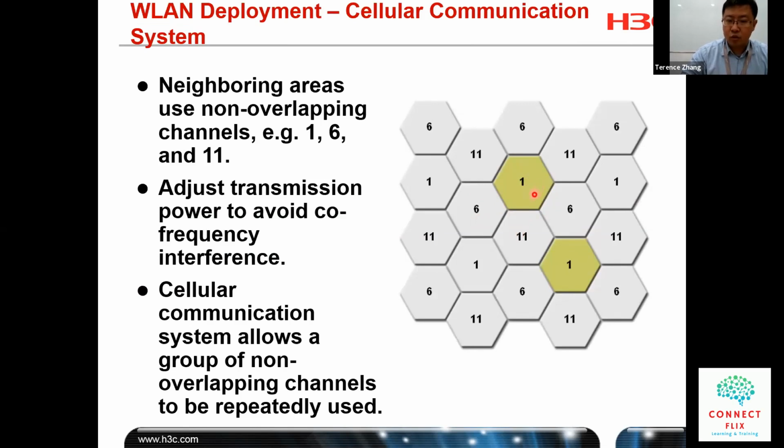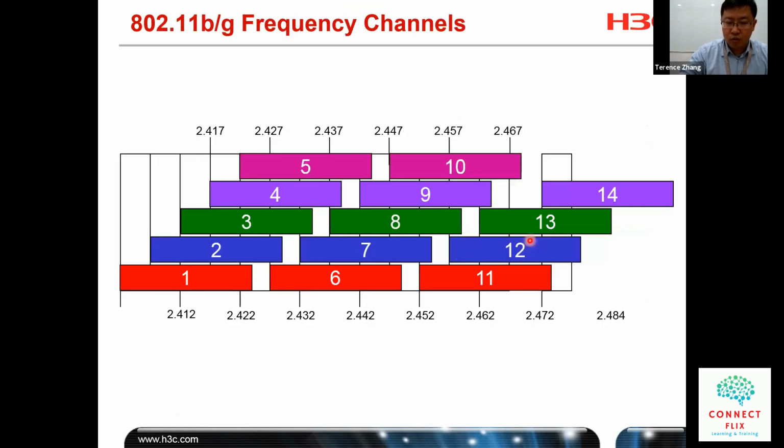So if you are using 1, 6, 10, that means their frequencies overlap and there is going to be interference, right? But just remember, if you design a network, just choose from these sets, 1, 6, 11 or 2, 7, 12.